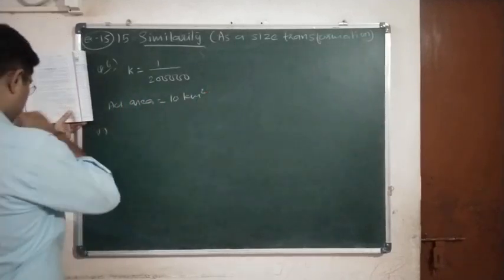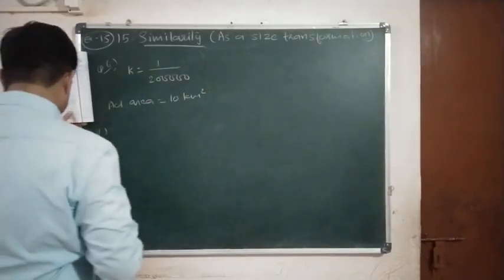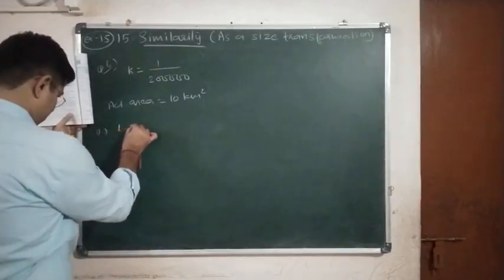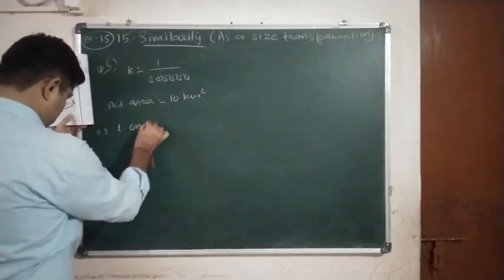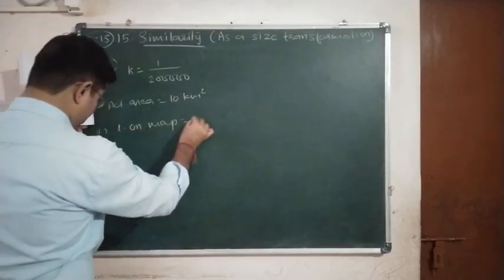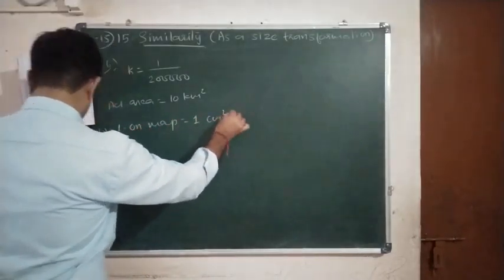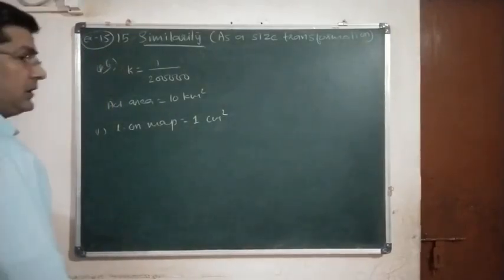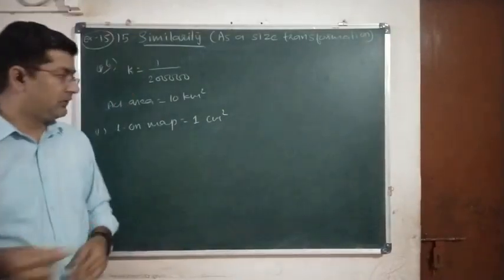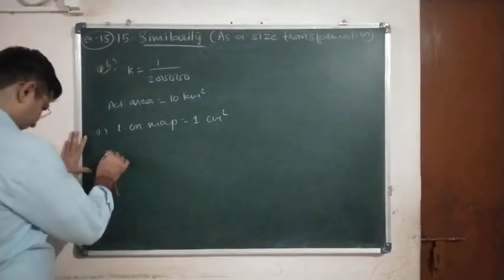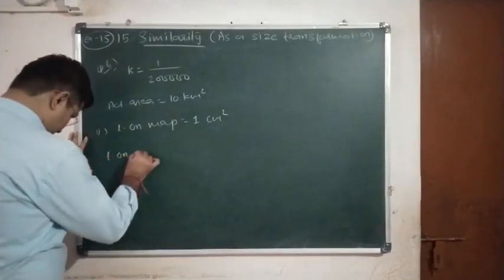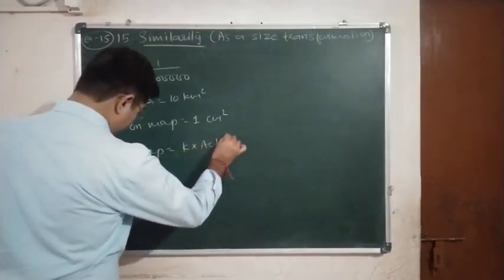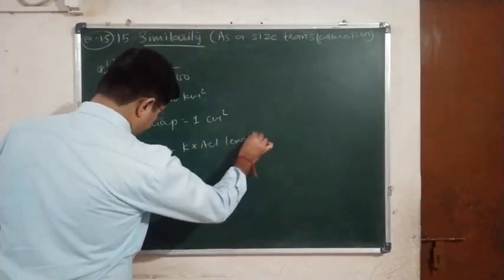Number 1 we have to find: length on map is given to be 1 centimeter. We have to find the actual length or length on the ground. So once again, nothing new, we will use the formula. What is the formula? Length on map is equal to K into actual length.